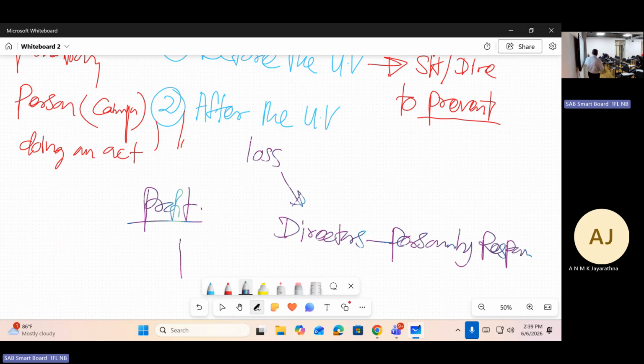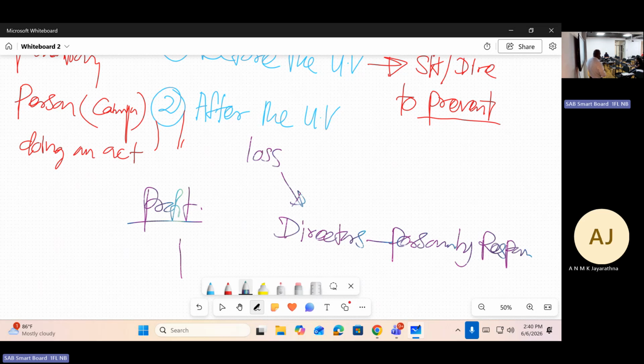And after engaging into an ultra vires transaction, if the company suffers any loss, the directors are personally responsible. If the company makes a profit, there is no legal effect. Right? No harm to the shareholders and creditors.